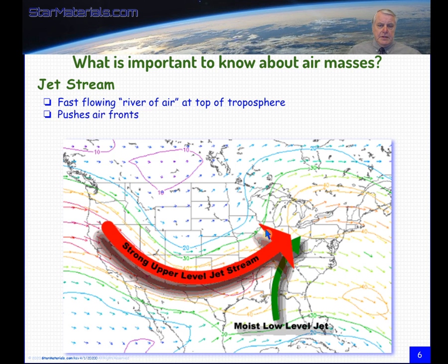You can see in this map, here is the jet stream, and you can see it pushing the air mass. And it generally flows in a meander from west to east. Fast-flowing air. It's like a river. And it changes. Like everything else, it changes.